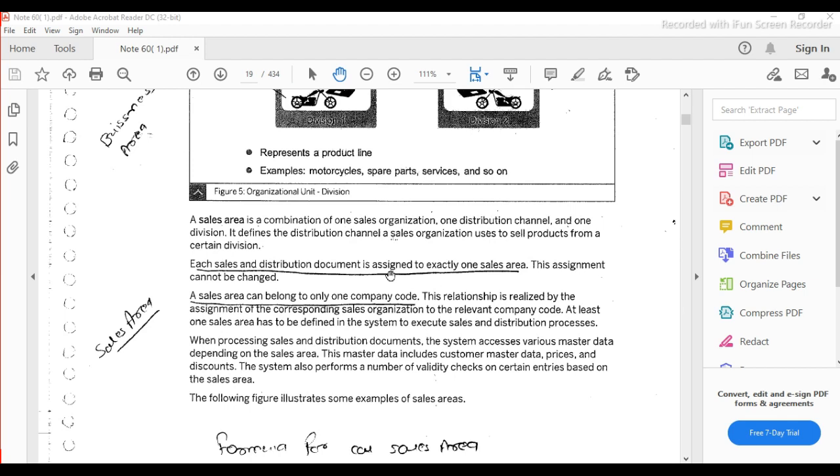Next we have the sales area. Sales area is nothing but a combination of sales organization, distribution channel and division: one sales organization, one distribution channel, one division.